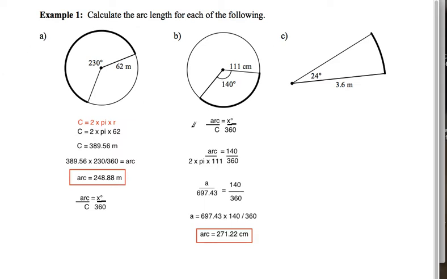I say to myself, let me get, like here I could say arc. Now you guys see why I type most of the time. Arc over circumference equals x, which is the central angle, 24 degrees over 360.